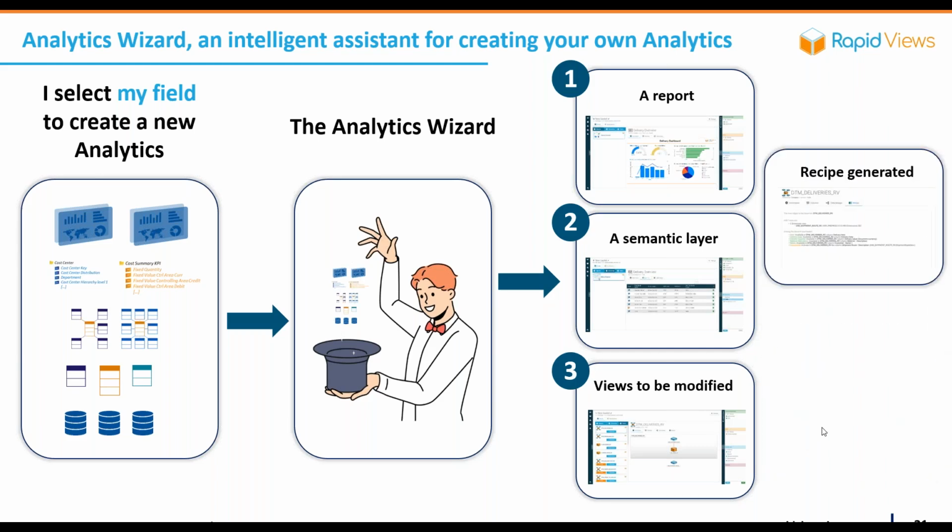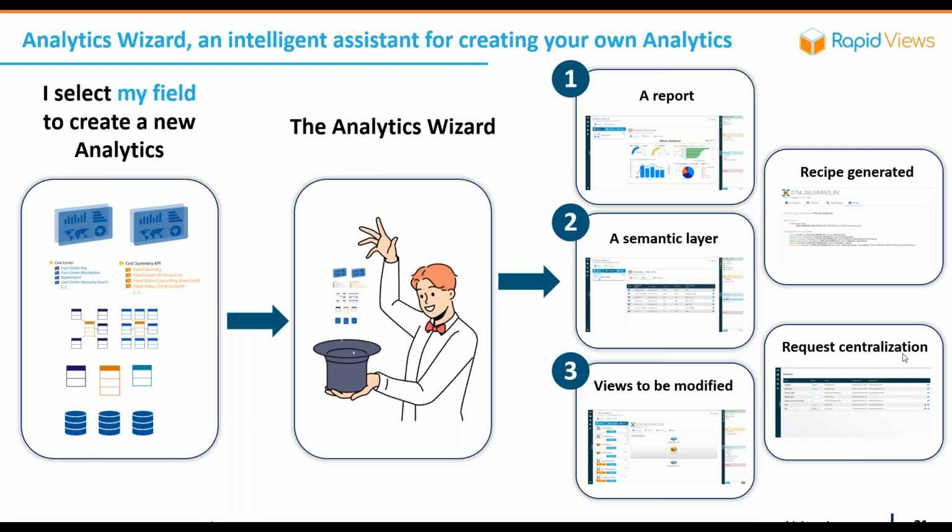At the end, the system could give you a kind of recipe: use this table, these cubes, add this and these different components. It gives you an overall recipe of what has to be done, and then thanks to this recipe, you go back to your desk, open Studio, and build this new cube or new fact or dimension table. You can centralize any request you are going to build thanks to our analytics wizard. So Julien, how does that work?